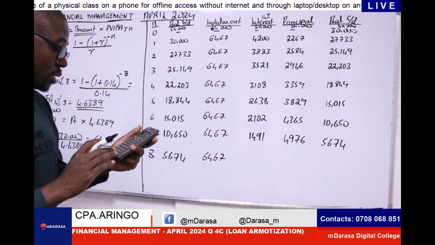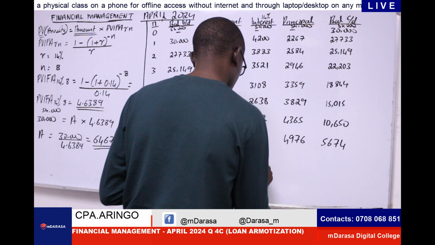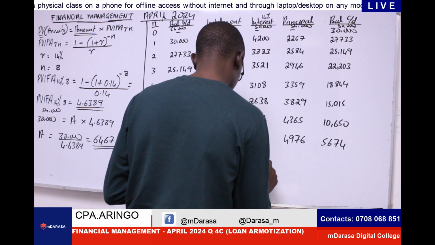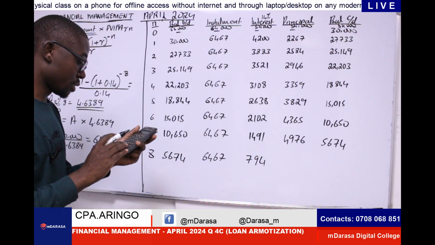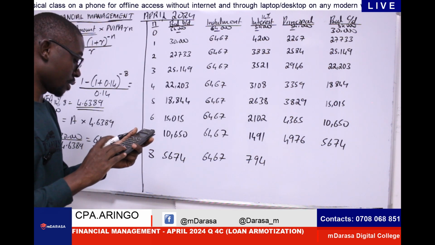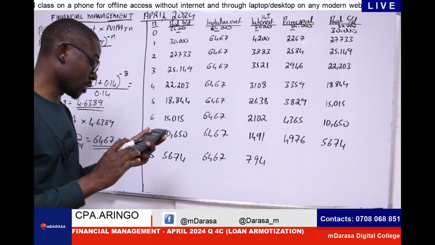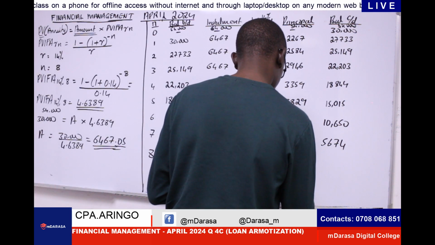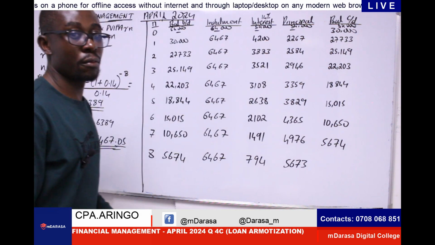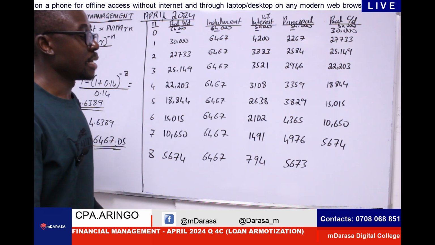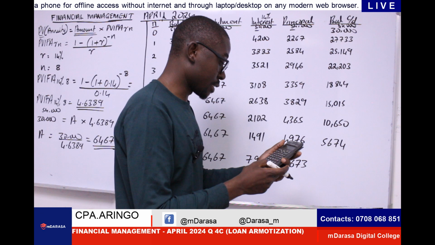And at that point, times 0.14, that should give us 794. So 6467 minus 794, that should give us 5673, which of course by the virtue that we had round off, you'll find that I'm having 5674 minus answer, I'm having 1.